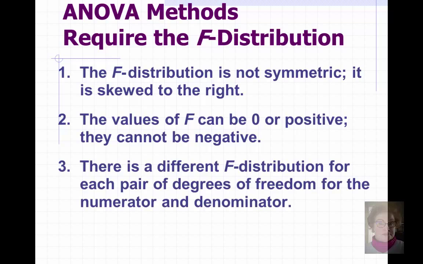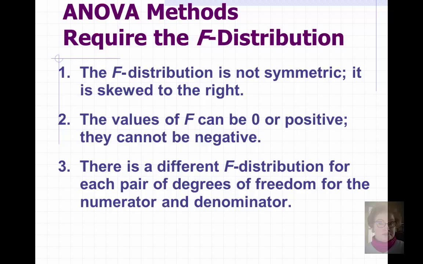When we actually look at an ANOVA, the F statistic is the ratio between the variance between samples and the variance within samples. And we will have a numerator degree of freedom and a denominator degree of freedom.